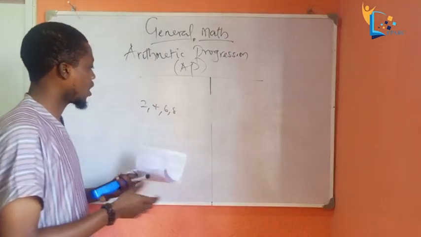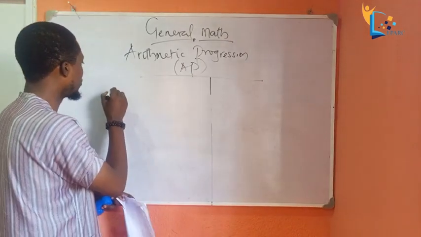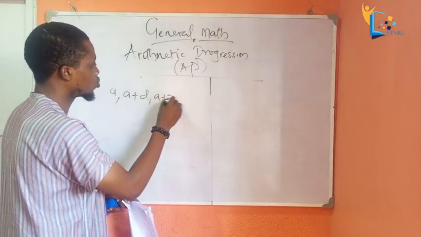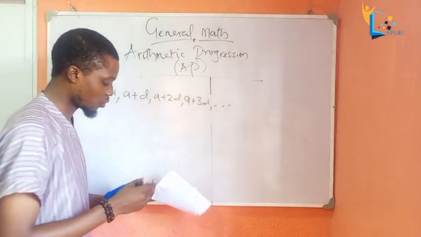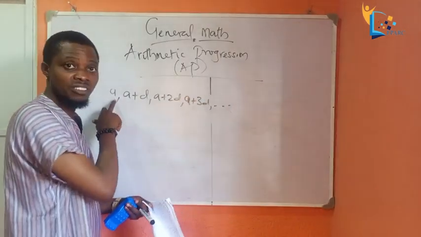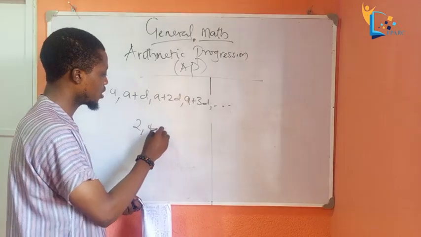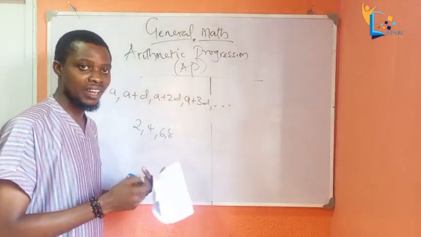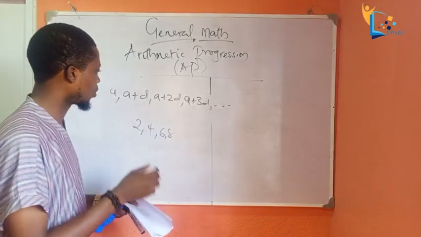All right, so typically, an arithmetic progression is of the form A, A plus D, A plus 2D, A plus 3D, and so on and so forth, where A here is the first term. I gave an illustration just now, 2, 4, 6, 8. Sorry, the marker is not working well, so that's why you see me removing and closing it.